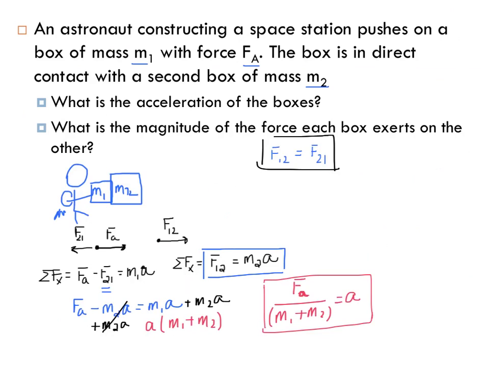The last part is I want to know the magnitude, and remember it's just the numerical value, the magnitude of the force each box exerts on the other. So again, I want it in terms of things I already know.